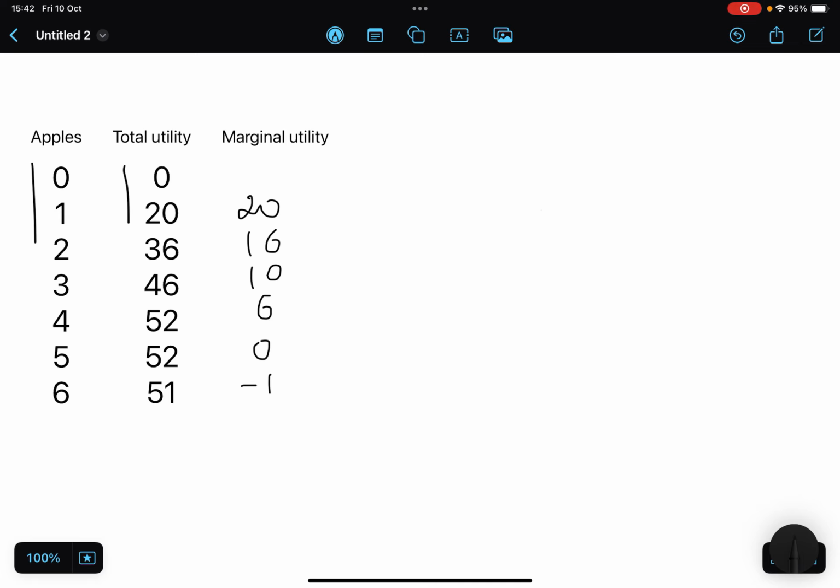Now let's visualize this with a graph. First, we'll plot total utility. On the horizontal axis, we are going to put the number of apples. So the number of apples goes from 1, 2, 3, 4, 5, and 6.